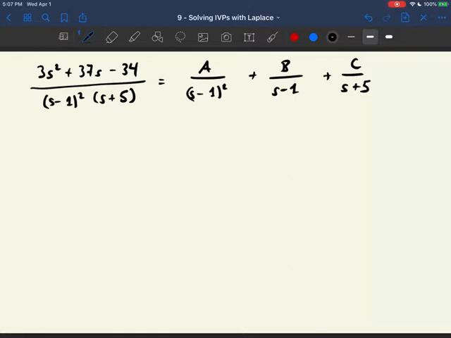If you're unsure why the right-hand side looks like this, it would be a good idea to review partial fraction decomposition, which we cover in another video and is also the subject of section 5.3 of the textbook. So you want to have a look at that.